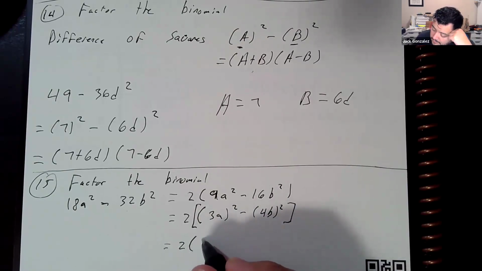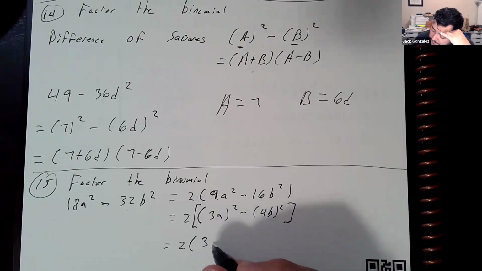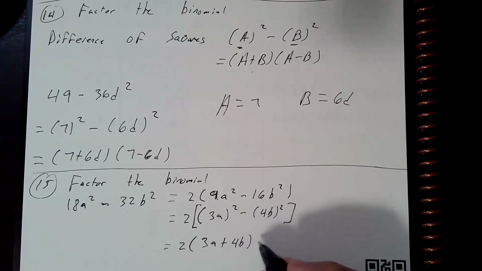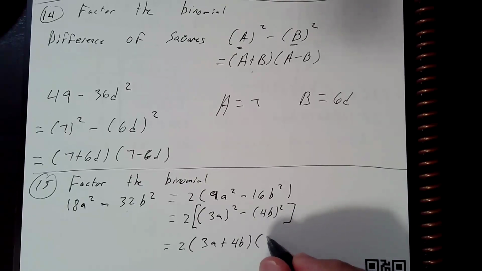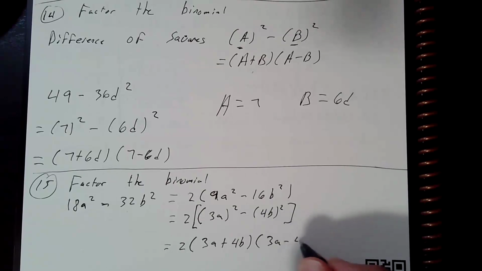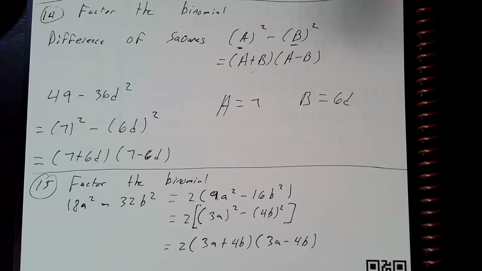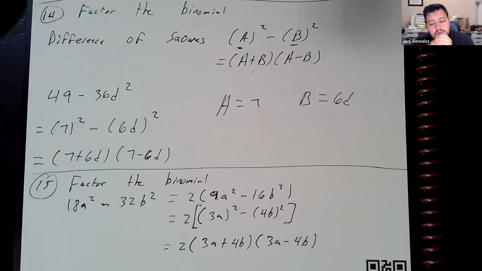So we're going to get the a plus b, and then a minus b. And that's it. That's another difference of squares.